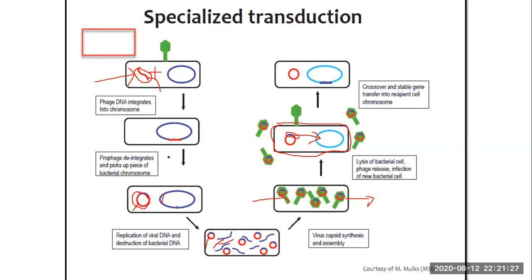That means if you go from the first, a viral DNA is injected in the bacteria, and then it attaches with that bacterial DNA, and then that process degenerates, and whenever it degenerates, it picks a small part of bacterial DNA and it's synthesized. After synthesis, it will contain this kind of structure, is assembled like a virus, and it lyses the cell and breaks it down, and then it comes out into the environment.